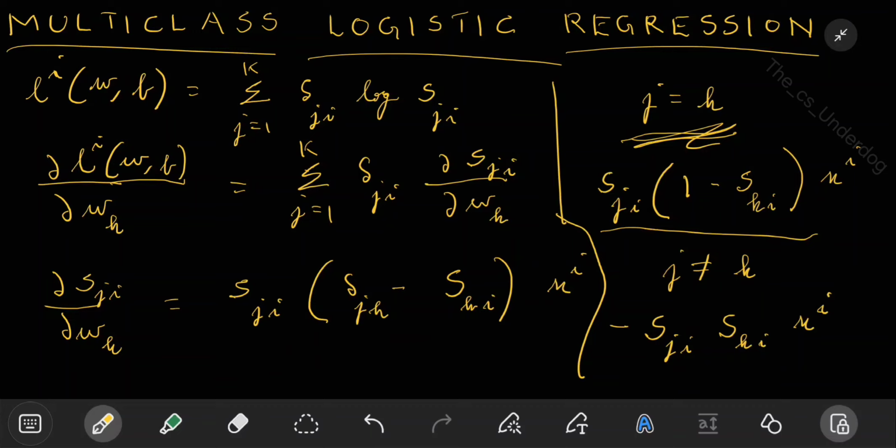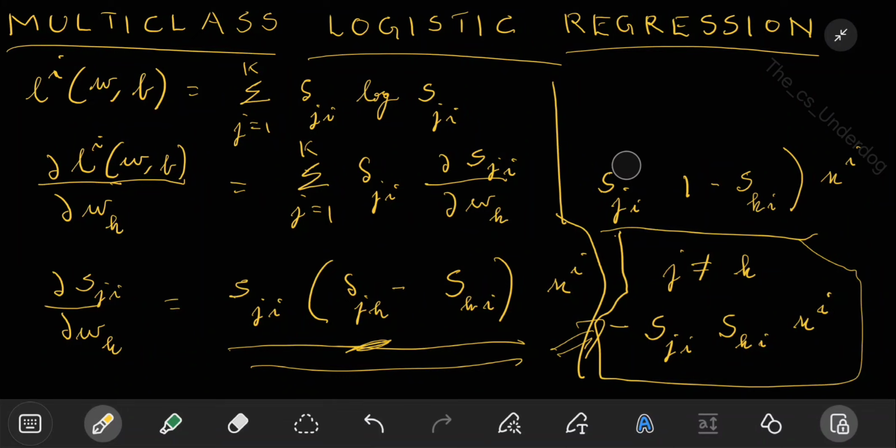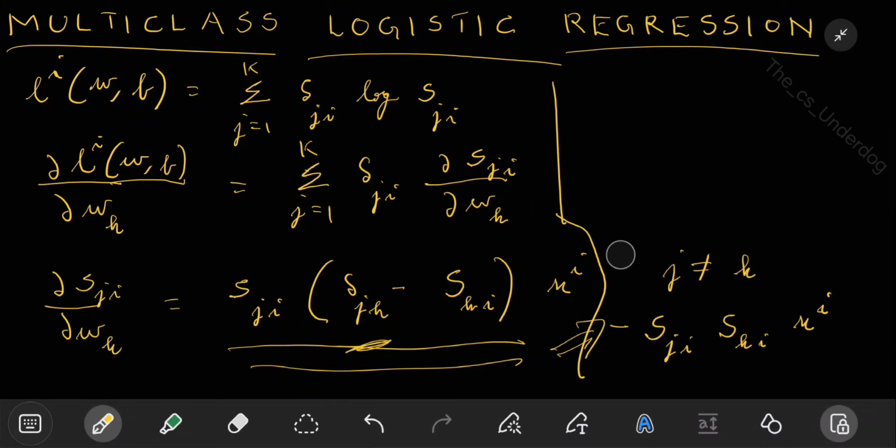So the derivative of softmax, if j is equal to k, will be this, and if j is not equal to k, then it will be this. So softmax has two derivatives depending on whether j is equal to k or not. The same thing is depicted by this function. I just simplified so that you understand how this delta jk works. Now I'll erase this off. We'll use delta only in our derivation.